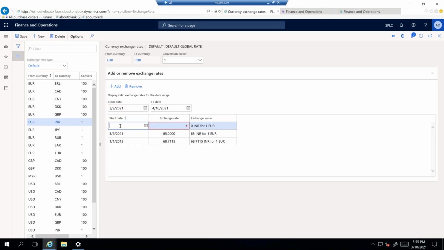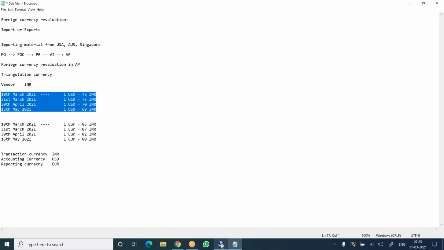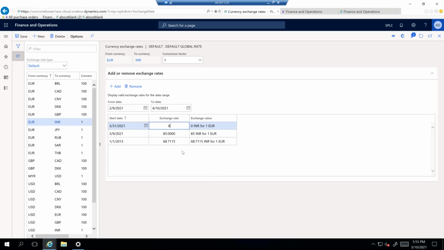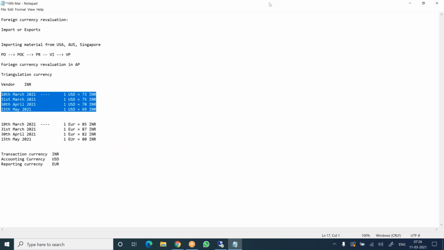Next, 03-31-21 exchange rate is 87. Next, 82. Next, 15th May is 80.